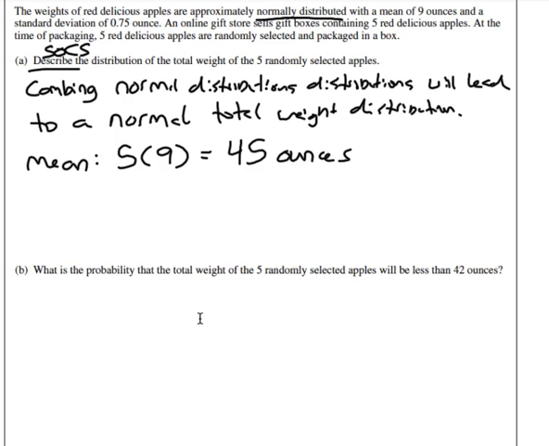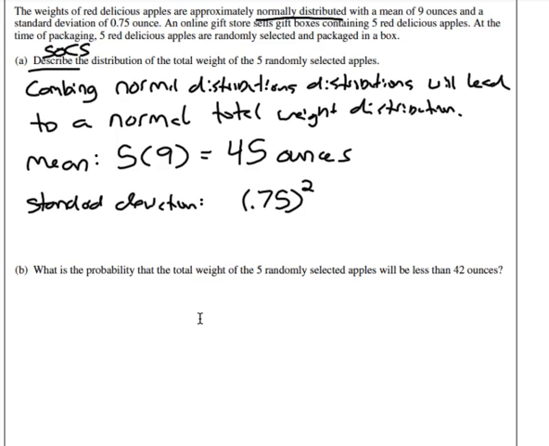Standard deviation, though. Again, we can't combine standard deviations, but what we can combine is variances, right? So we have a standard deviation of 0.75. Well, we have to turn that into a variance, because again, we can't combine standard deviations.